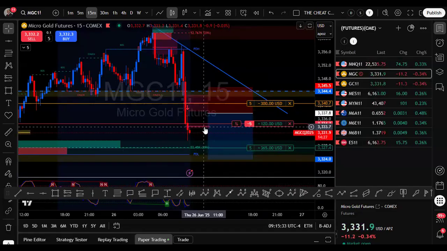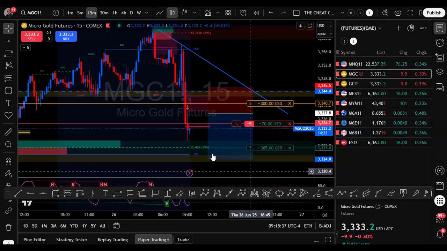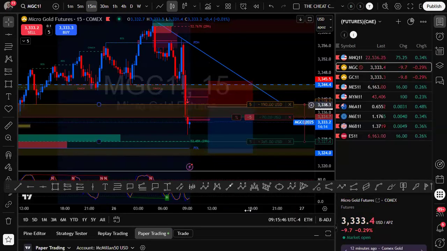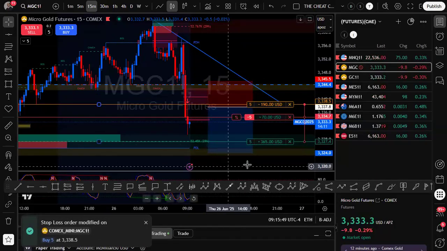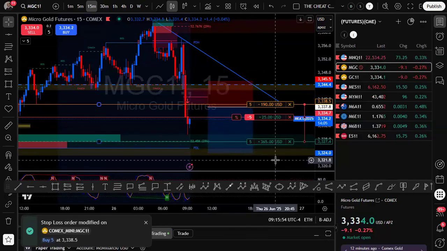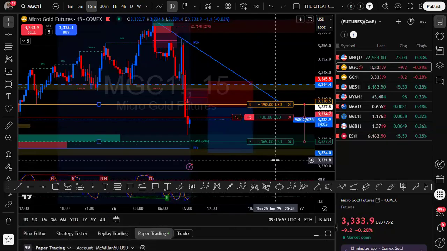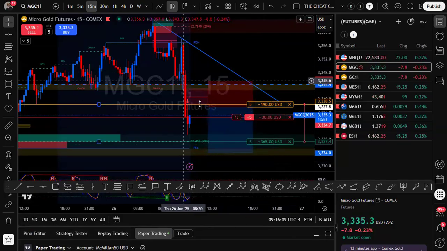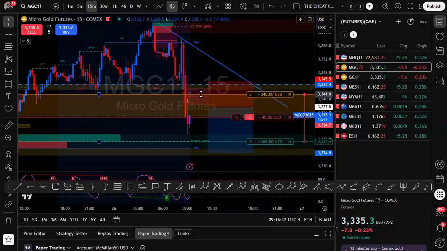Another sign that the institutions want to hit this area. Price might be ready to actually get it.